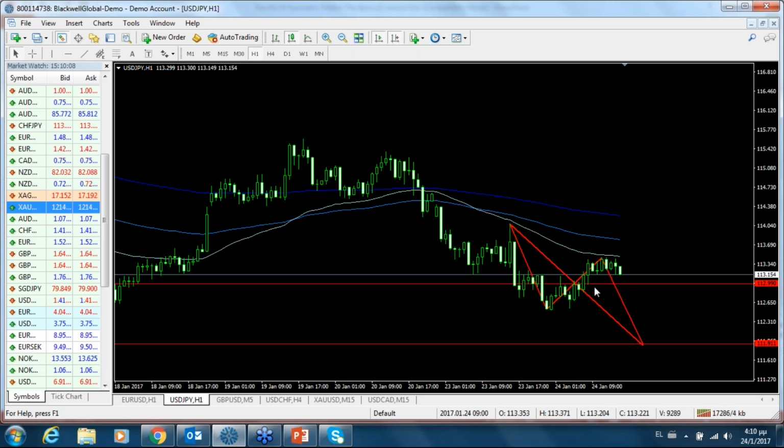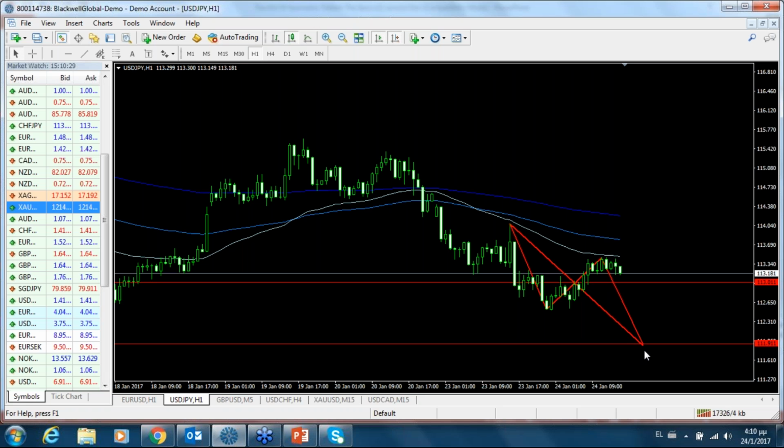As you can see, the price now is at roughly 113.15, but the centroid area, or the trading area, is only at 113.01. So it's best to wait till price falls further, goes under 113.01, and then it would pose some trading opportunity for you to the downside.